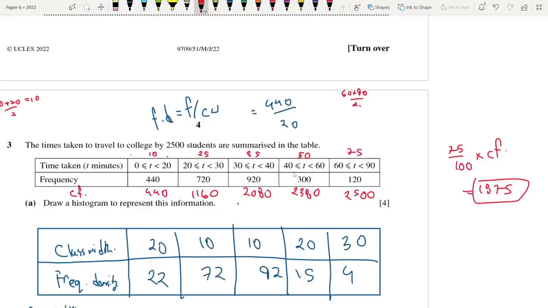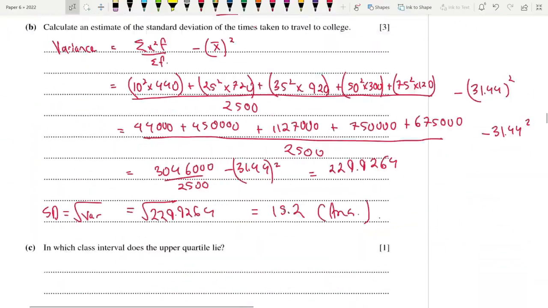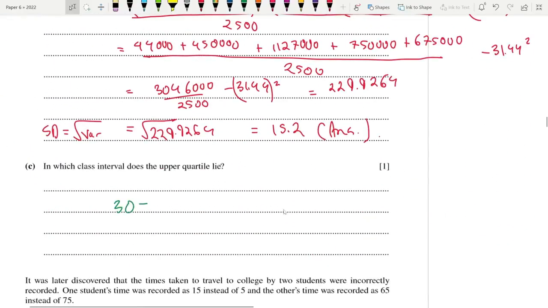There are 1160 values up to 30, and there are 2080 values up to 40. So 1875 clearly lies over here. It is greater than 1160 but less than 2080. So we're going to go for this class, 30 to 40. Hopefully that makes sense to you guys.